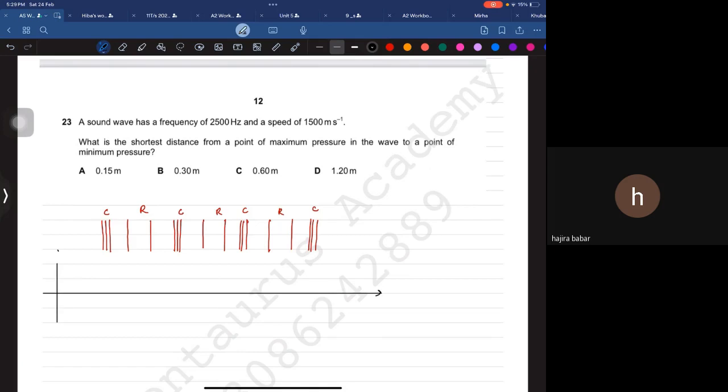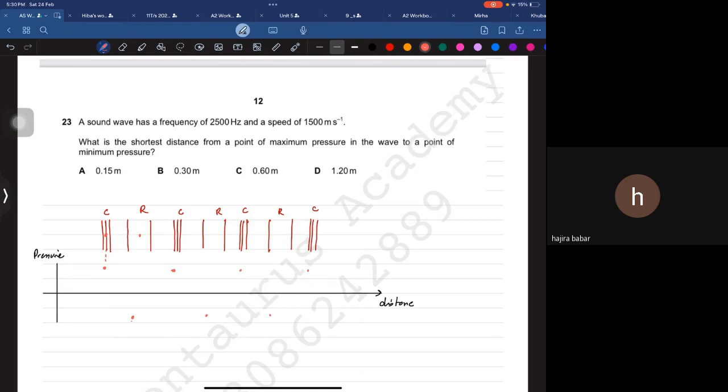So when you're basically drawing a wave for pressure, just remember this important point. Pressure with respect to distance or time, it doesn't matter. At the center of compression, right here, you will find the highest pressure. At the center of rarefaction, you will find the lowest pressure. Highest at compression, lowest at rarefaction. Highest, lowest, highest.